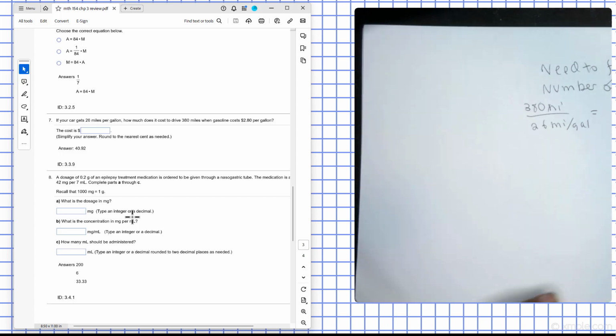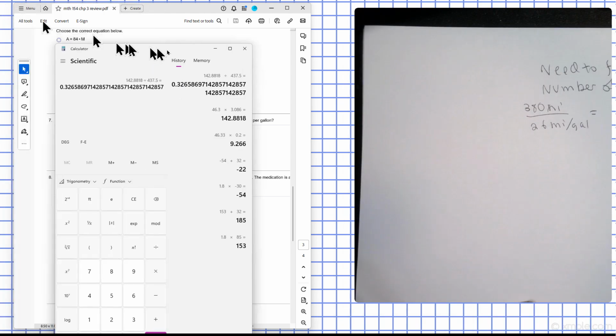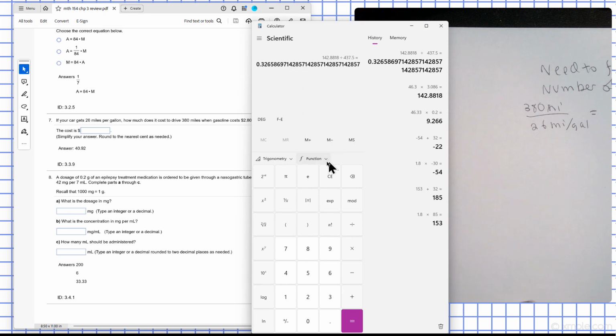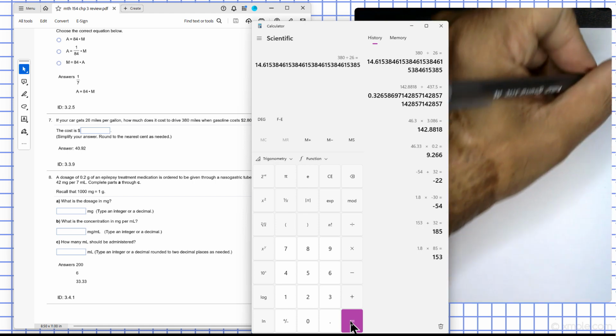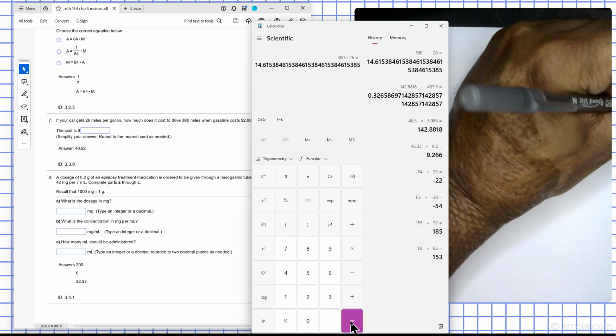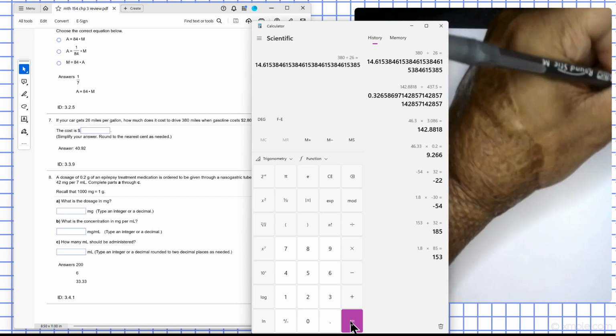Okay, so we can take our calculator and divide that out. Here we have 380 divided by 26. We end up with 14.615 gallons.